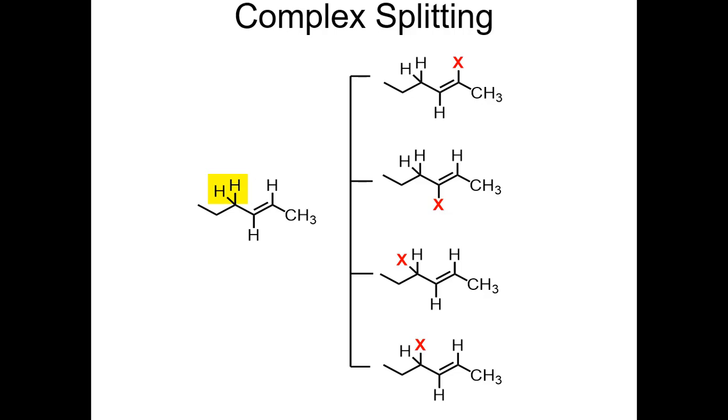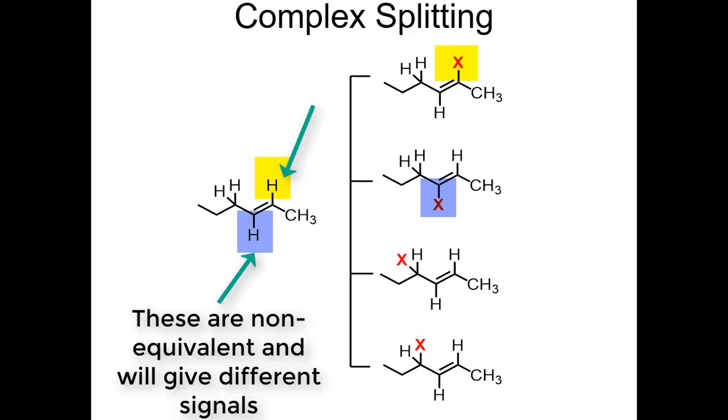And so if you look at, again, the test for equivalence to see if any of those are equivalent to one another, that top example, if I replace that proton here with the X, compared to the second example where I replace this proton with an X, those are 2 different compounds. And because of that, those 2 protons are going to be non-equivalent and they're going to show up as separate signals, right?